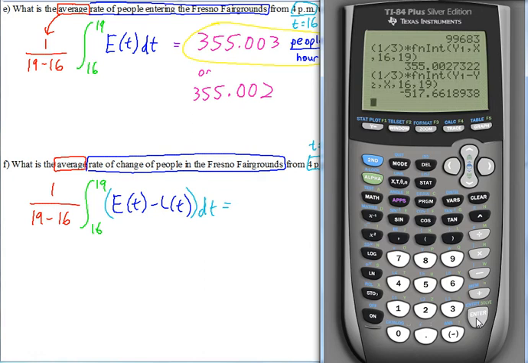And we get negative 517.662, or 661 if you're truncating it.